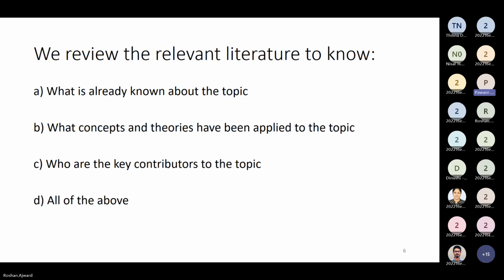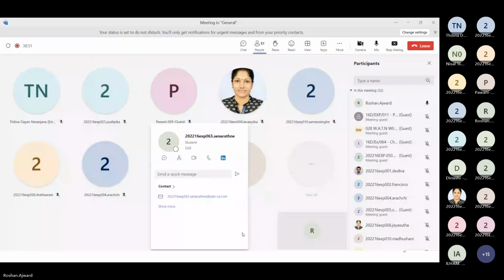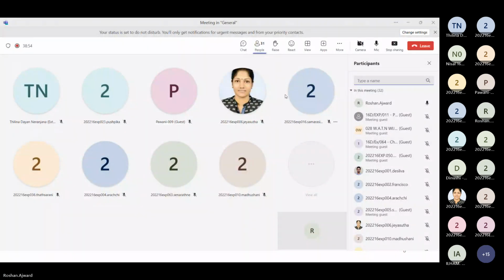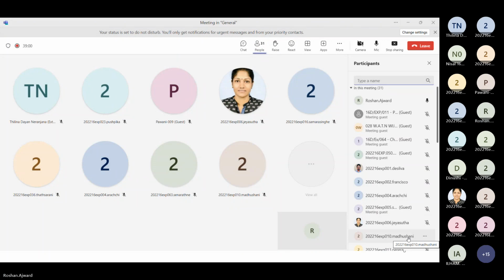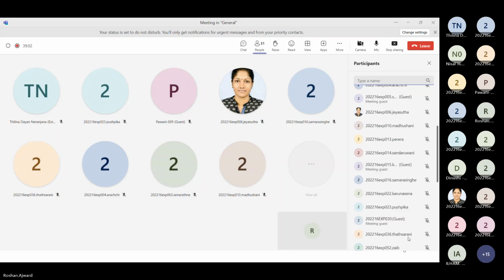Answer D. Okay, one student says answer D. Thank you. We'll see other students. We have now 30 students. Now we have Pereira. Number 13.